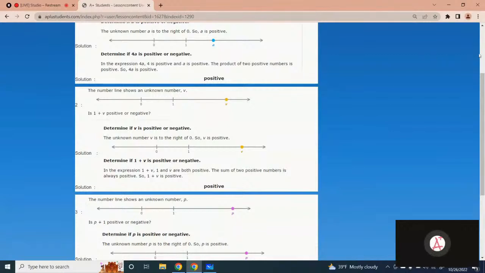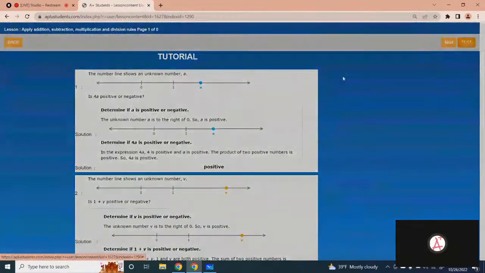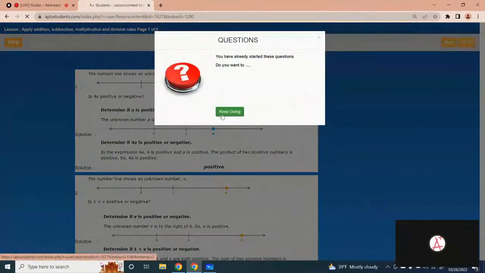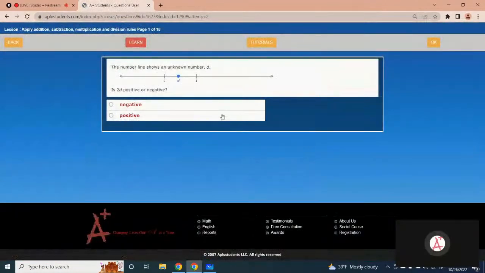Okay, let's start the test. On the top right corner, we have a test button. Let's just start with the test. Okay, the number line shows a number d. Is 2d positive or negative? D is in between 0 and 1.